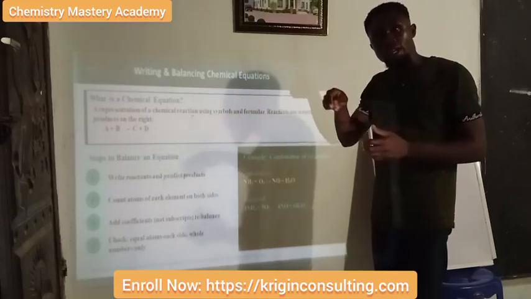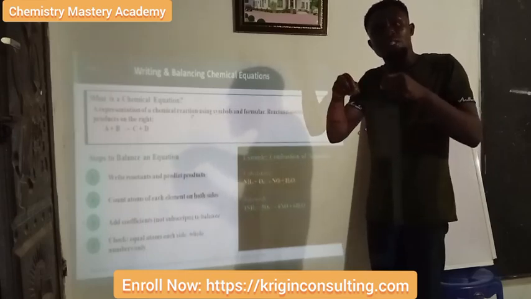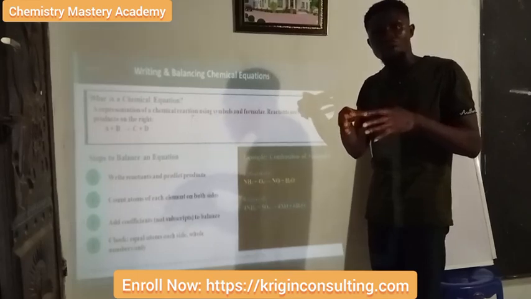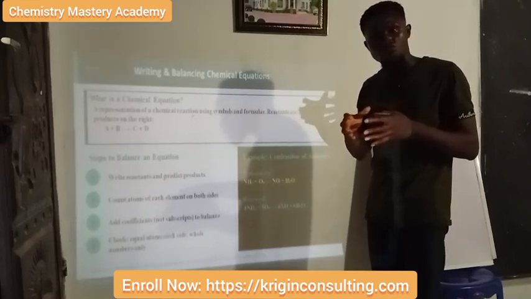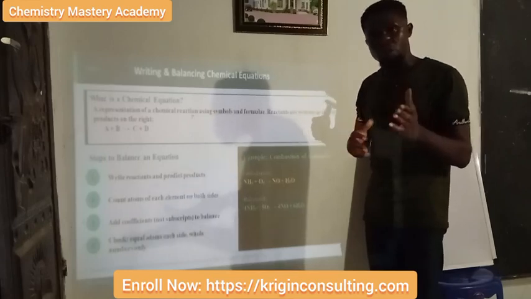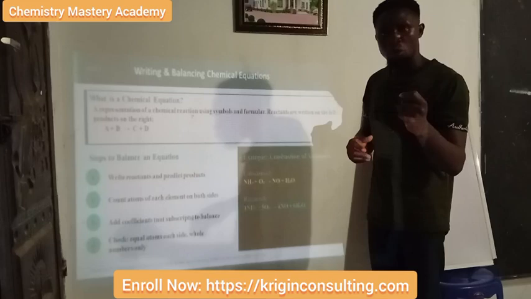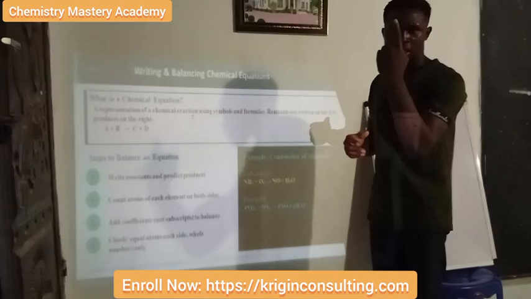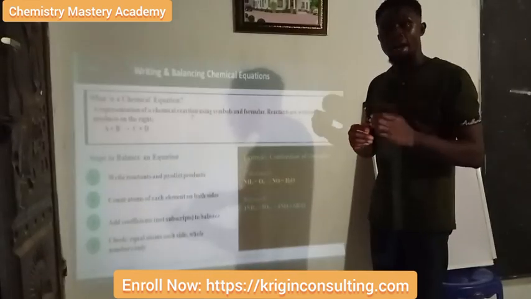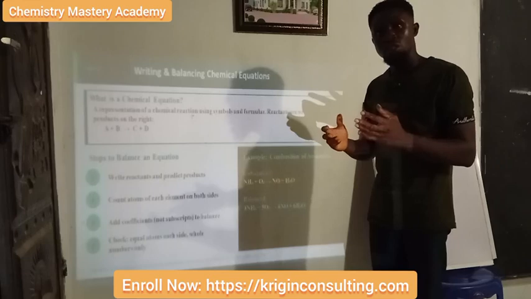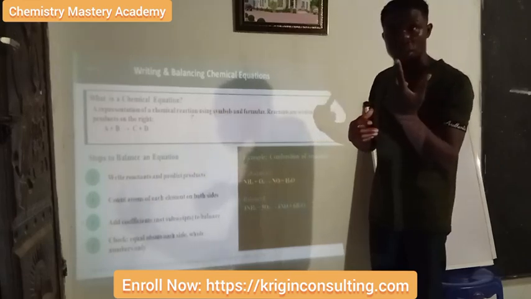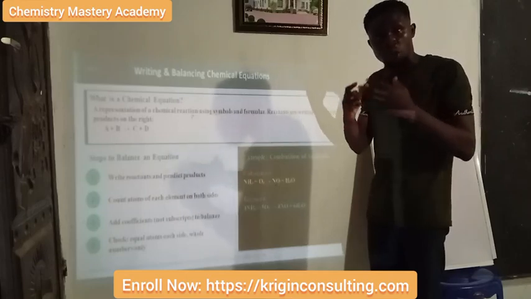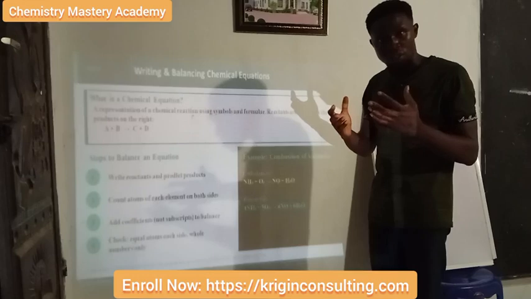Now, each of these chemicals that are being mixed together has a particular symbol or a particular formula with which it is represented. What's the difference between symbol and formula? A symbol represents a single element, while a formula could represent a single element or a group of elements, otherwise known as a compound. Exactly.